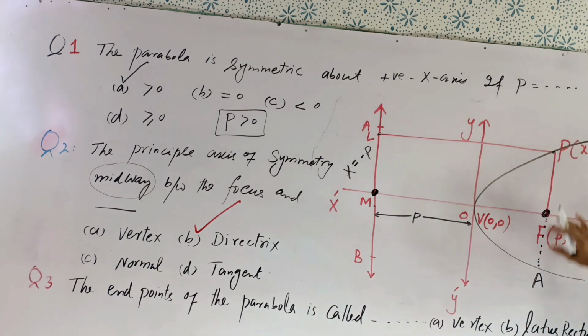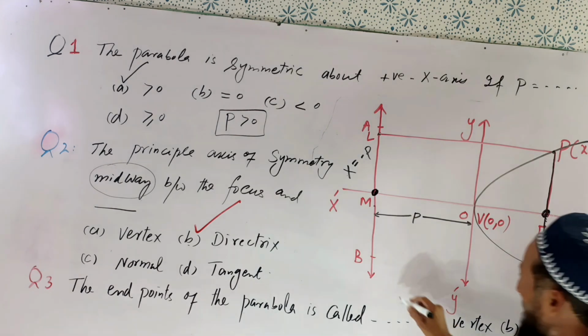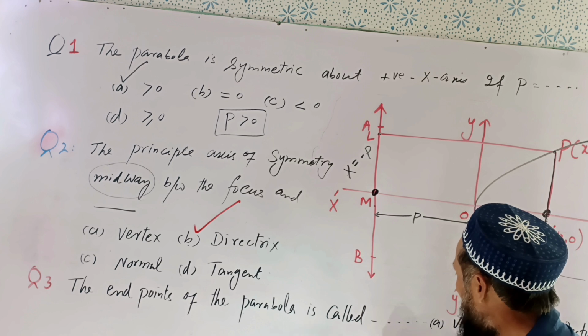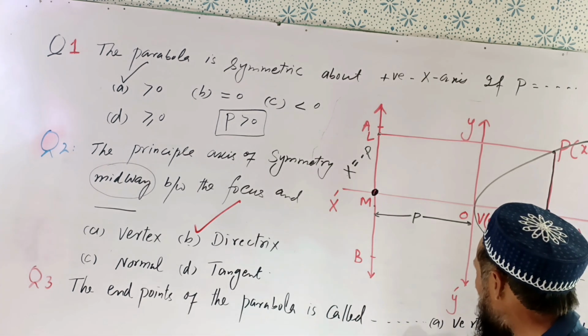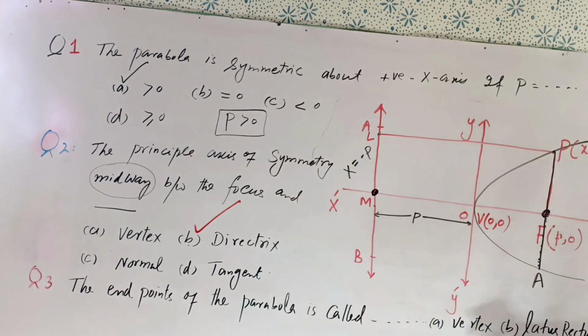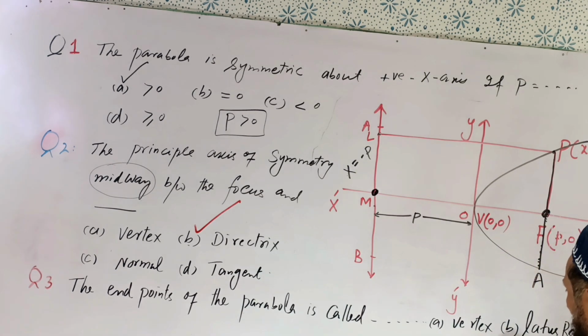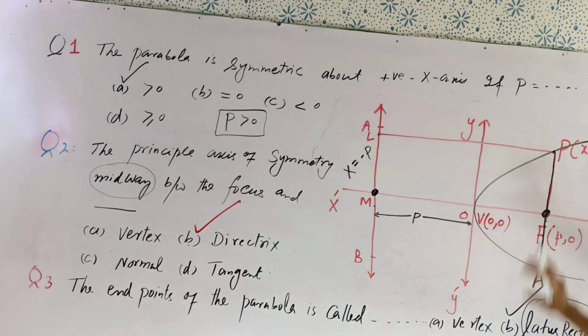This line passes through the focus, perpendicular to the line segment PA, through the fixed point focus, and is called the latus rectum.